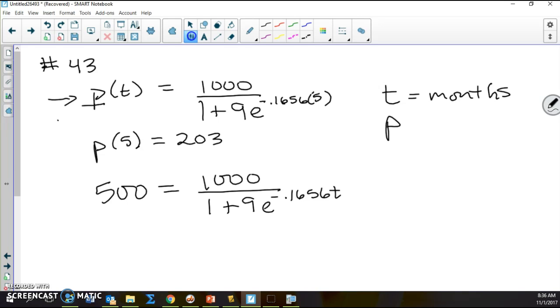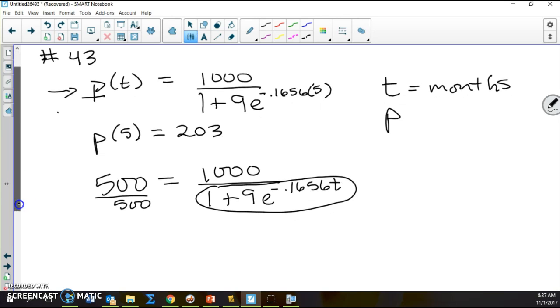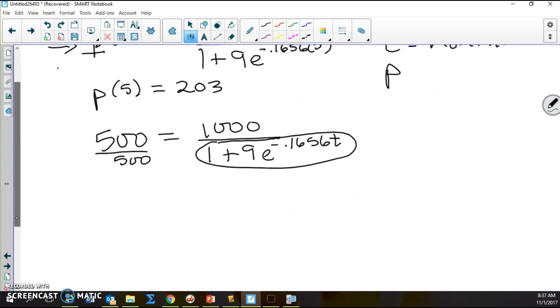So what we're going to do is this. We can divide both sides by 500 and multiply both sides by this in one step. Dividing both sides by 500, 1,000 divided by 500 on the right hand side would yield 2, and we cancel that out.